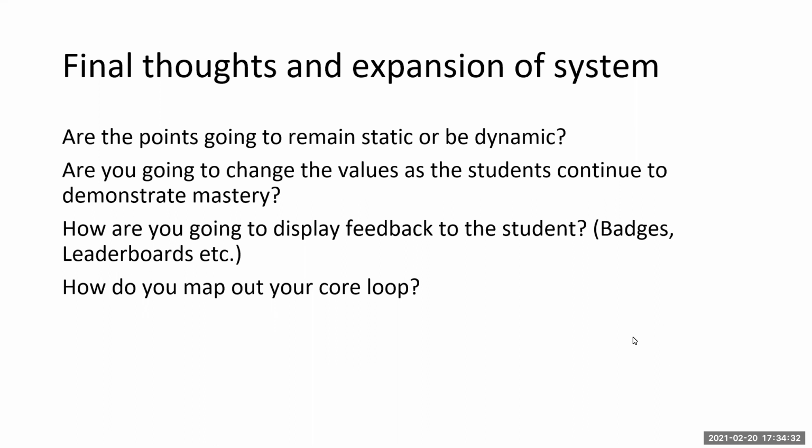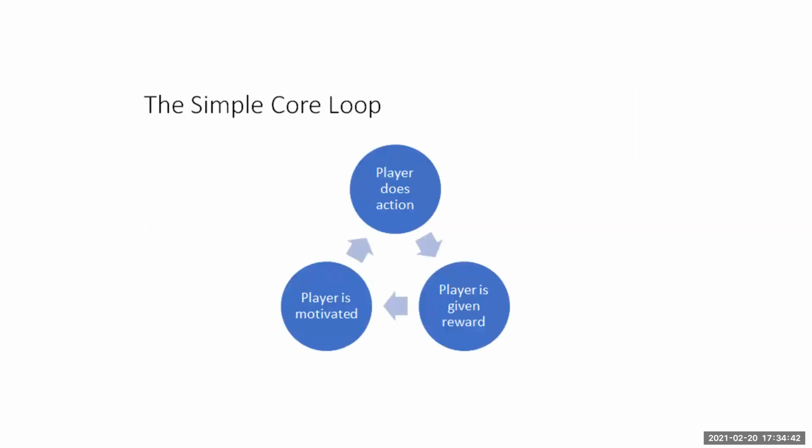And finally, how do you map out your core loop? And if we go to the next slide, I'll explain what I mean by a core loop. There we go. The most simple core loop in a game is this. The player does an action.